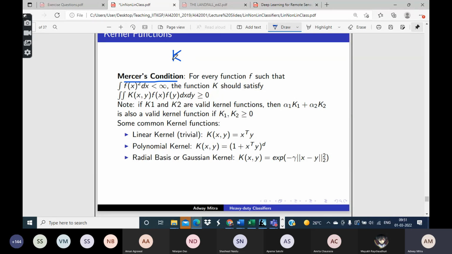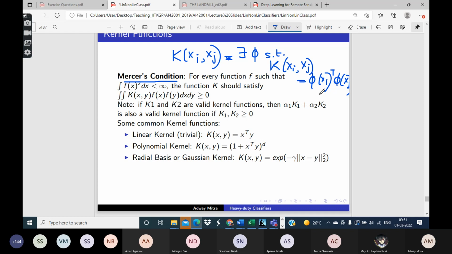These are all binary functions, meaning they take two vectors as input, let us say xi and xj. If this function satisfies Mercer's condition, that means there exists a phi such that K of xi, xj is equal to phi xi transpose phi xj.